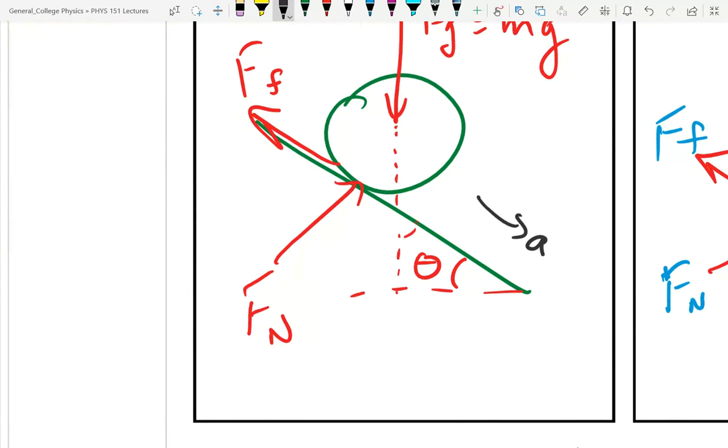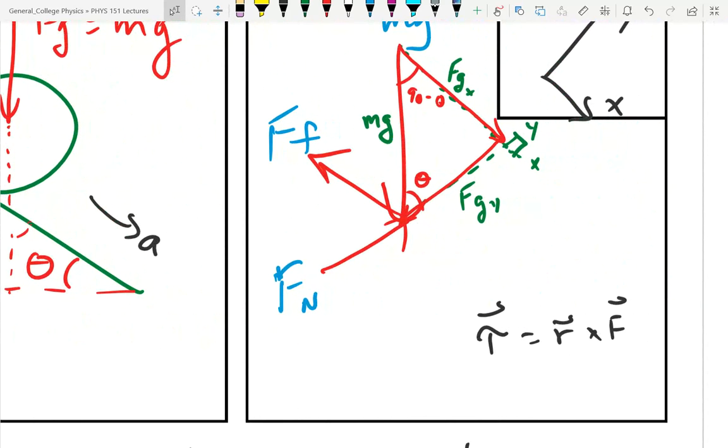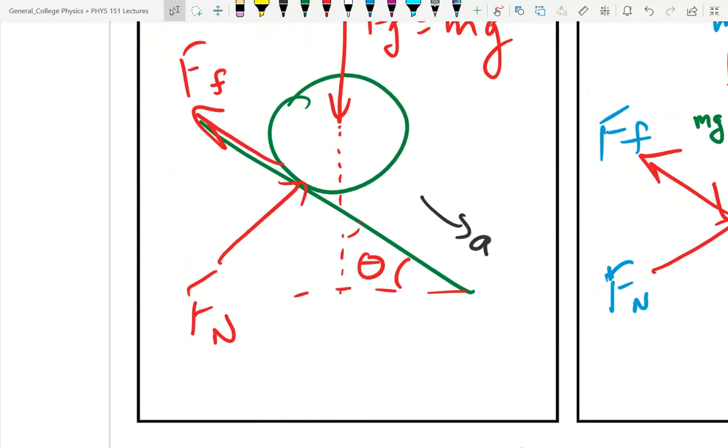So I got to come and look back at the first picture. The free body diagram doesn't really help me with the torque calculation because I need the locations. So looking at the first picture, here's my center of rotation. Remember, R cross F is taking the perpendicular distance between the R vector and the force vector.